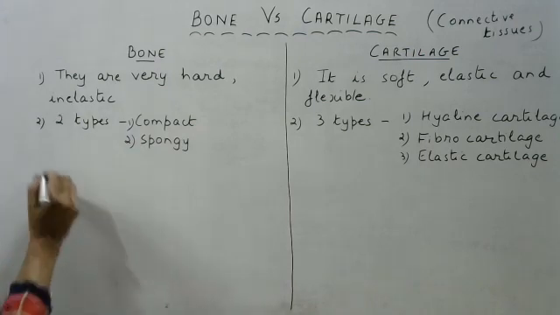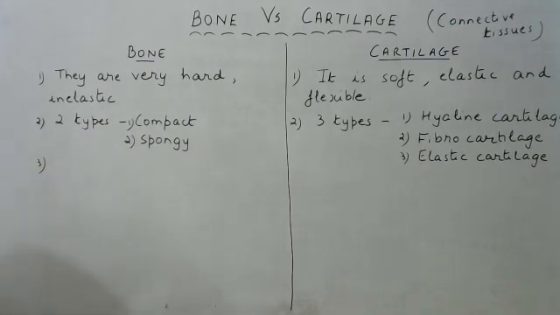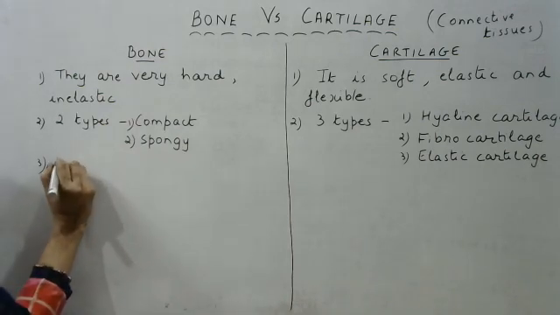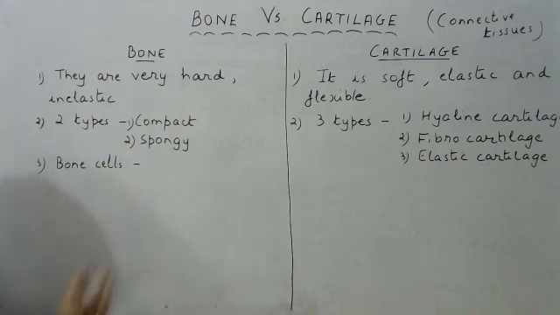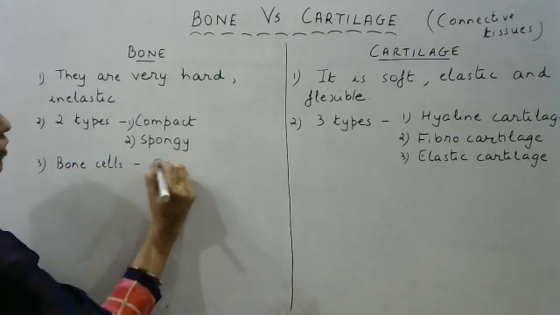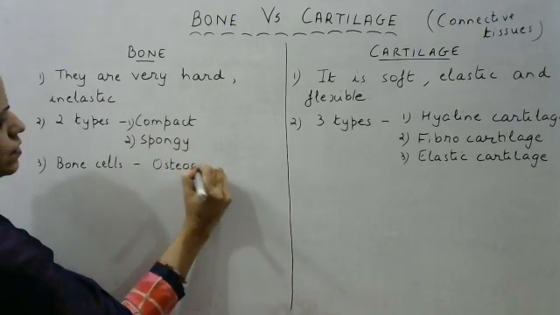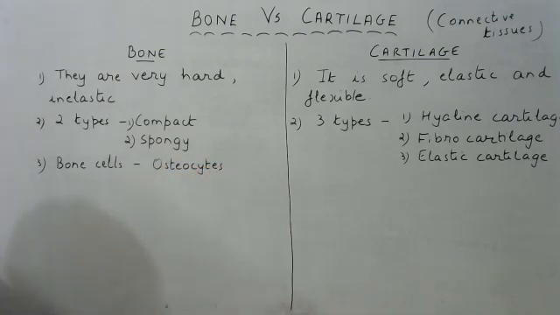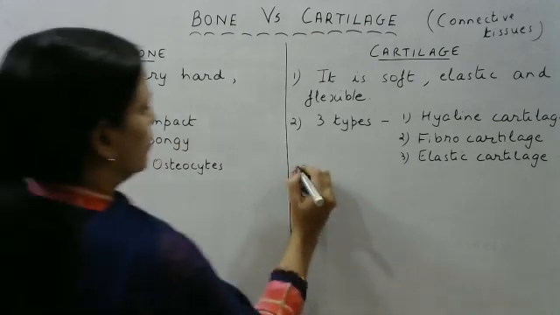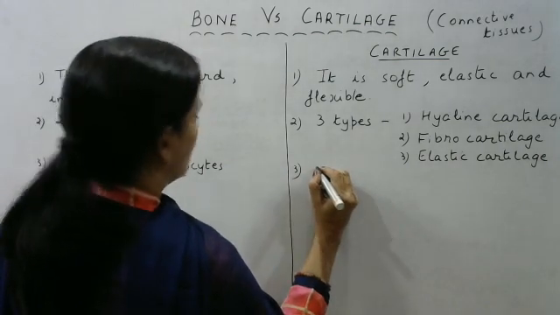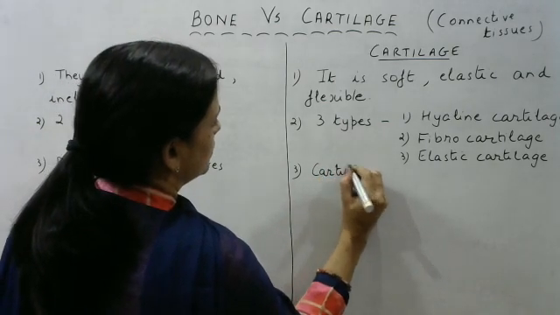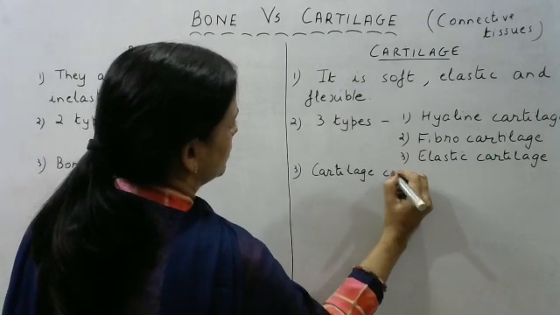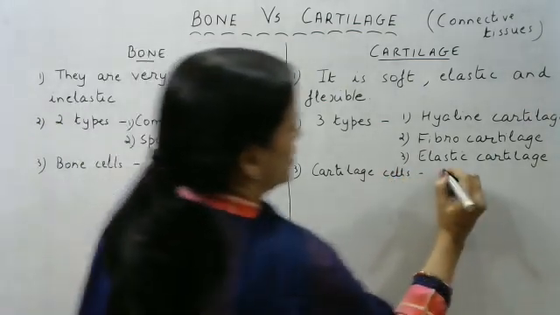The third difference between bone and cartilage is the bone cells are known as, yes, can you guess it? They are known as osteocytes, right? And for cartilage, the cartilage cells are known as chondrocytes.